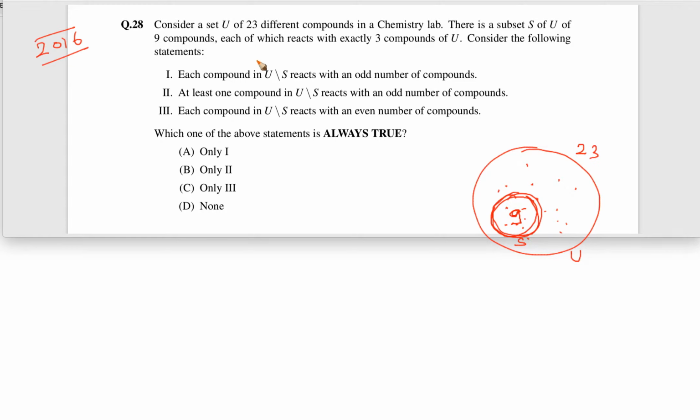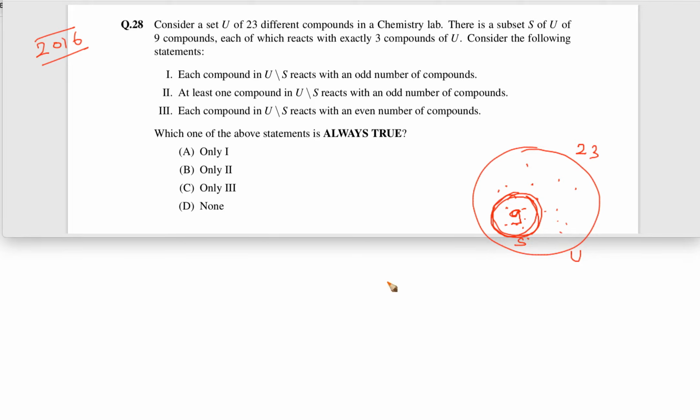They are saying that in this subset S of U, where 9 compounds are there, each of which reacts with exactly 3 of U. So 3 of U means that it can react with an element of S, and it can also react with an element outside S, which is in U but not in S. That is also possible, right? Anywhere it can react, inside S or outside S.